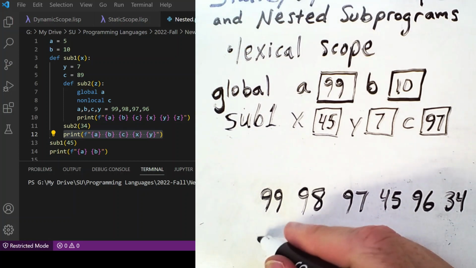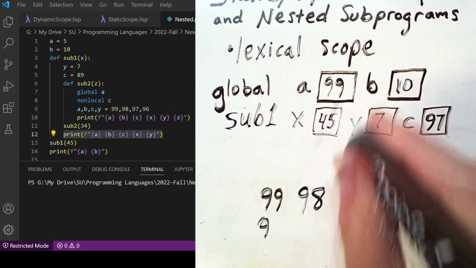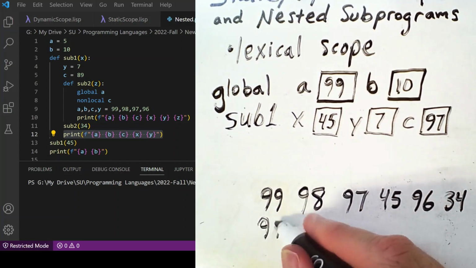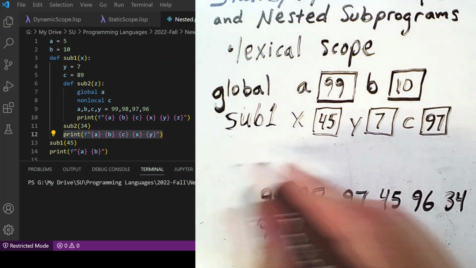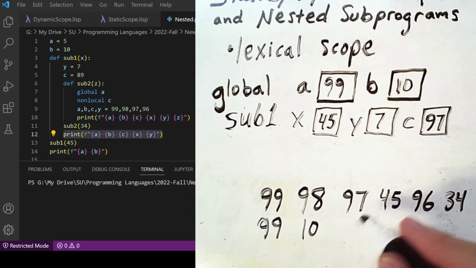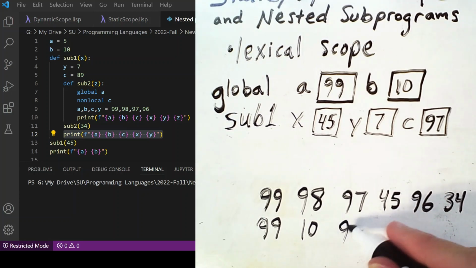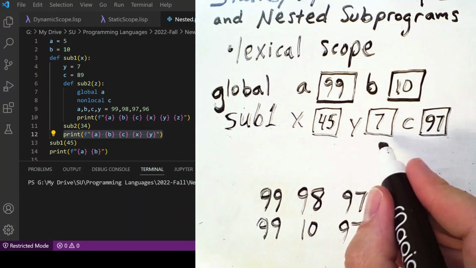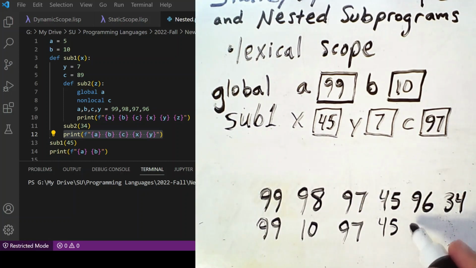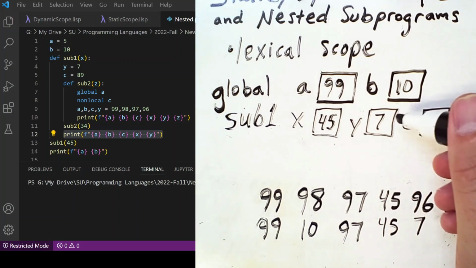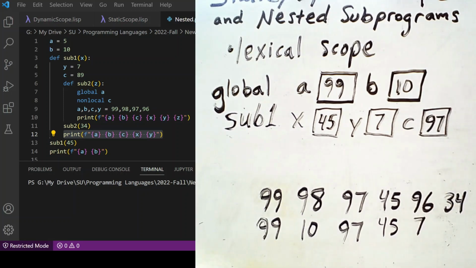So we're going to print A, which is the global A, 99, B, which is now 10 because the version in sub2 went away. C is still 97, and then X and Y are still the versions in sub1, so 45 and 7. And notice that Y has changed back to its version in sub1, not the version defined in sub2.